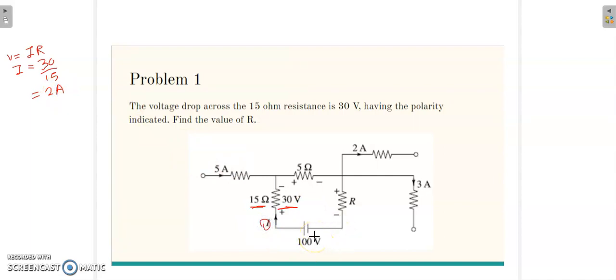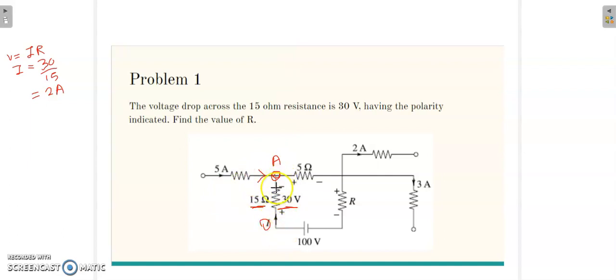So the first unknown we have already found, that is the value of this current I, which has come to be 2 ampere. Now, as we have studied in the basic terms related to network theory, there is something called a node. Node is a junction where more than two elements are connected together. If I consider this point as a node, let me name it as A. At this node A, this is the current incoming towards the node.